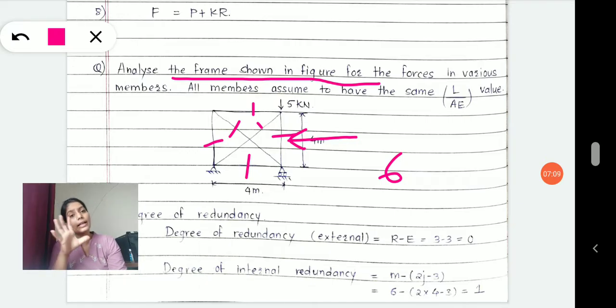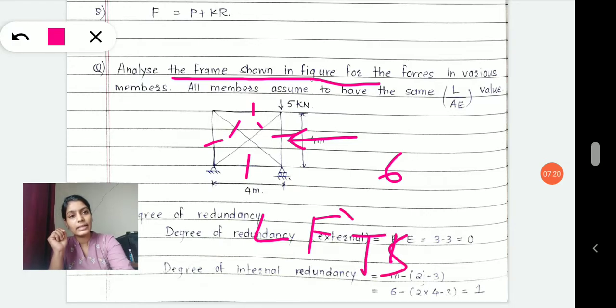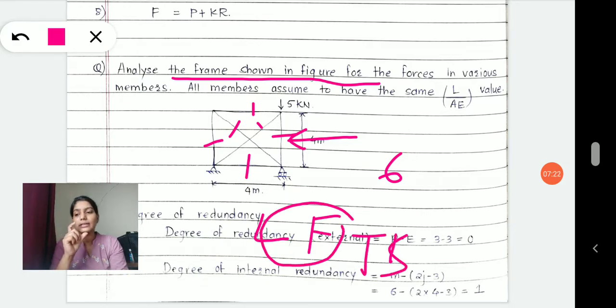So instead, if the question asks to find the deflection, see, we have seen the problems for lack of fit as well as for thermal stresses, right? In lack of fit, they have told us that this member is shortened or expanded, gets longer by a certain mm. Then that will be your extended length, and that is where you have to focus and choose the redundant from that.